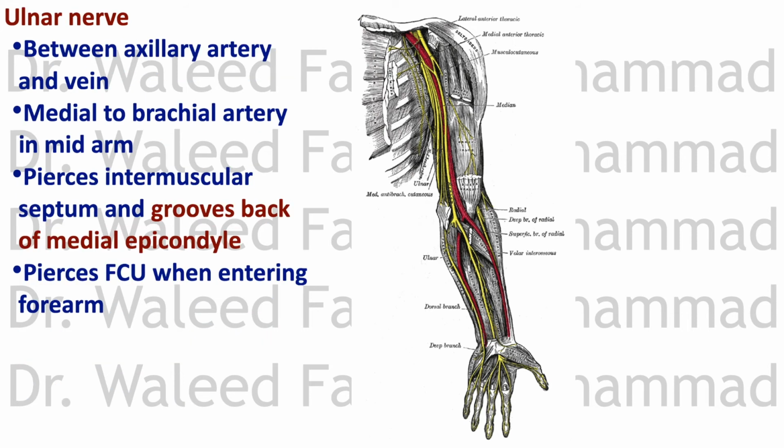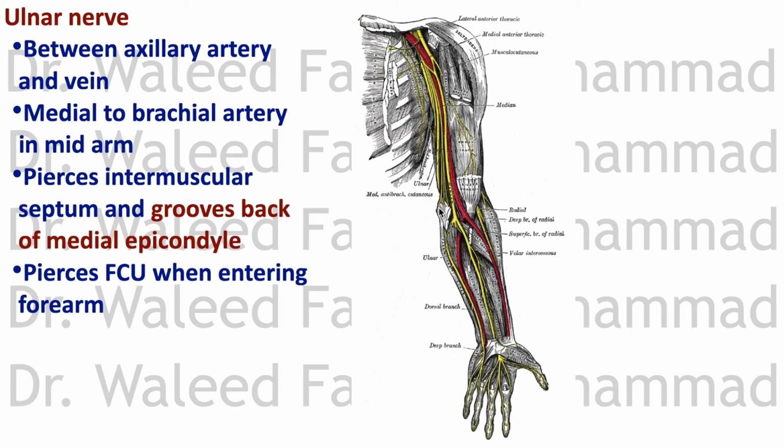The ulnar nerve lies between the axillary artery and vein, medial to the brachial artery in the mid-arm, pierces the intermuscular septum and grooves the back of the medial epicondyle. It's liable to injury here if there is a fracture of the medial epicondyle.